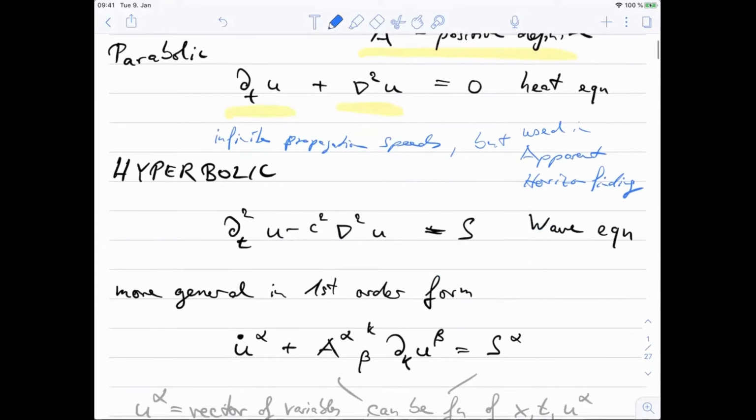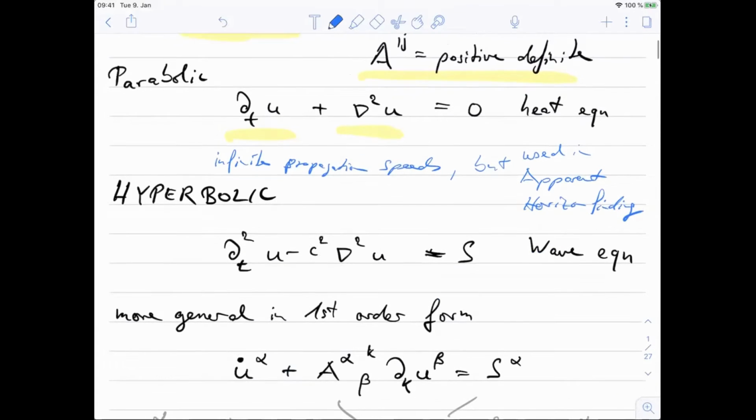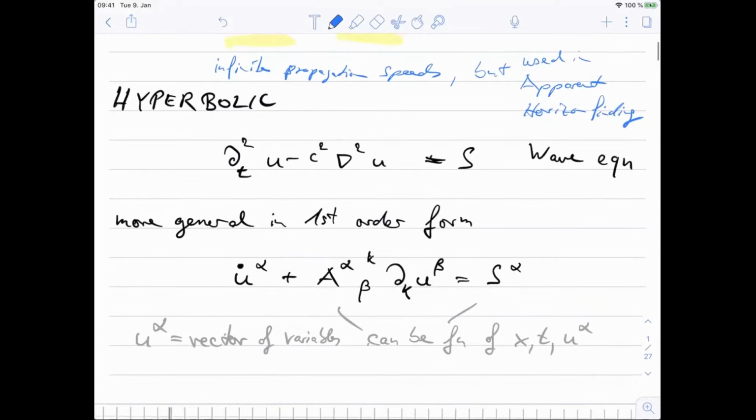And then, of course, the big thing, hyperbolic equations, which is the topic for today, essentially nearly completely.